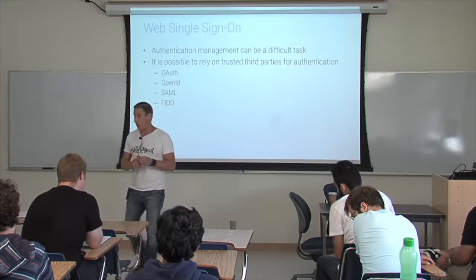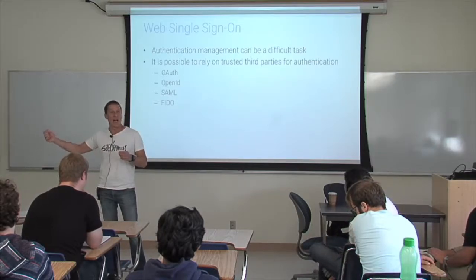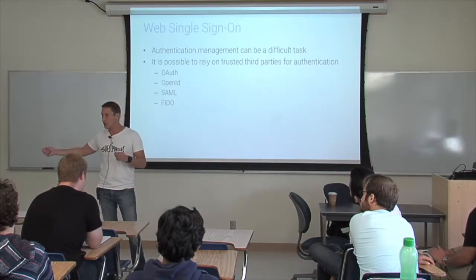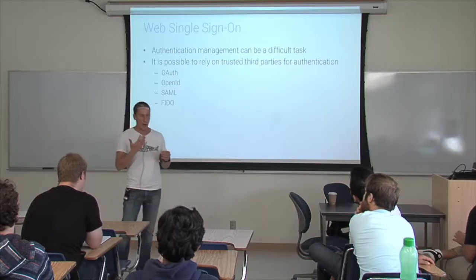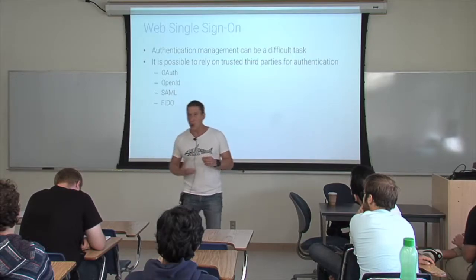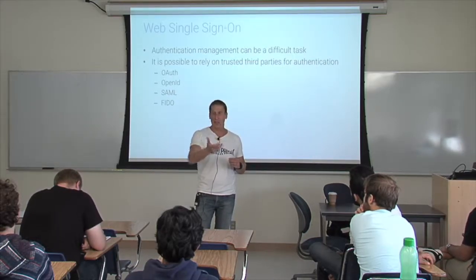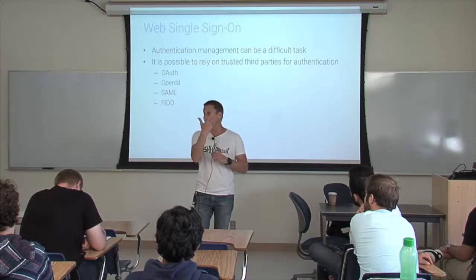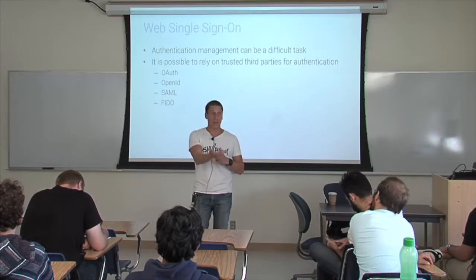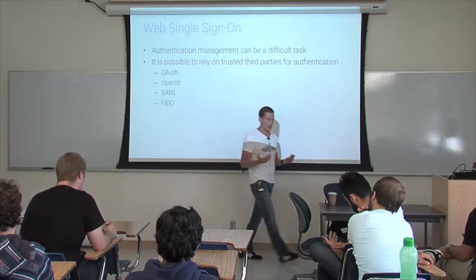That page will send you, for example, to Google saying generate a ticket for this person. Google will authenticate you, give you back a piece of information that you go back and present to the application, say, look, Google authenticated me, and that application will verify that information, and if that matches whatever the requirements are, you will be authenticated.